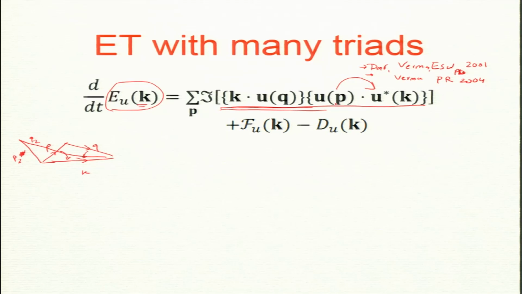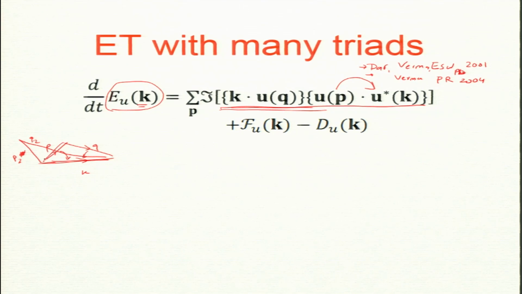Here you simply add the contributions, because this equation tells us that this quantity is additive. So, what will I do? Energy coming into K will be computed for one triad and then for another triad.